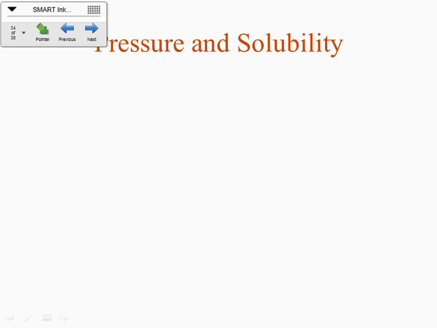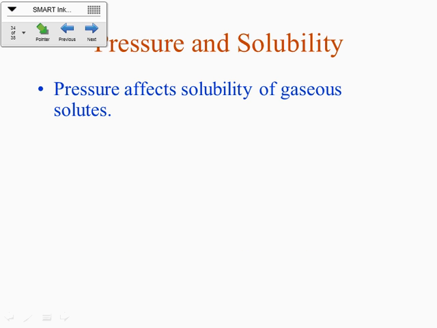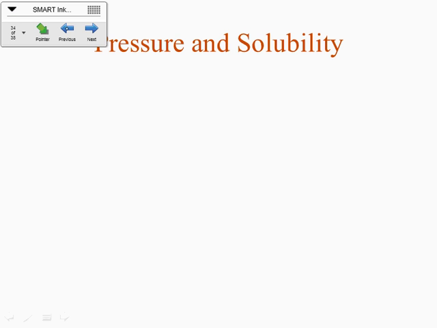All right. Pressure and solubility. So let me just back up for a second here, because obviously temperature is going to make a difference with gases. So let's say that I have my Kool-Aid, and I want more Kool-Aid to dissolve in my water.